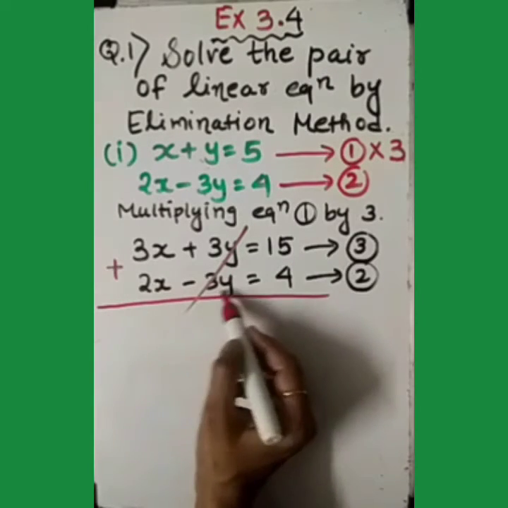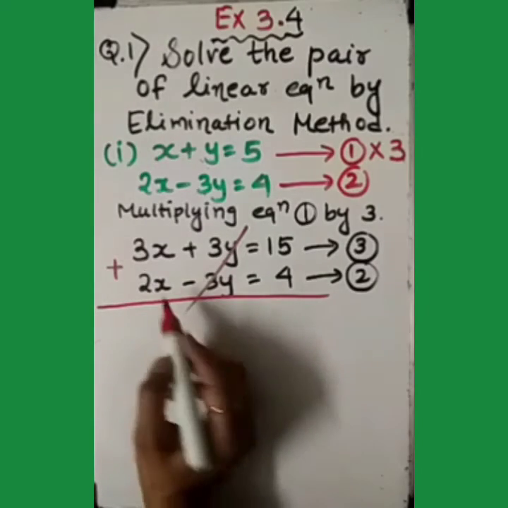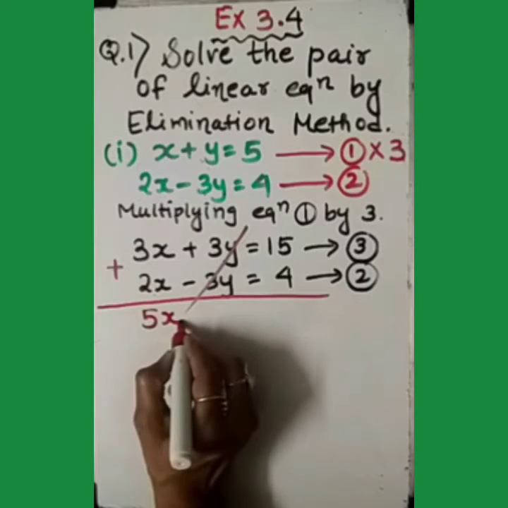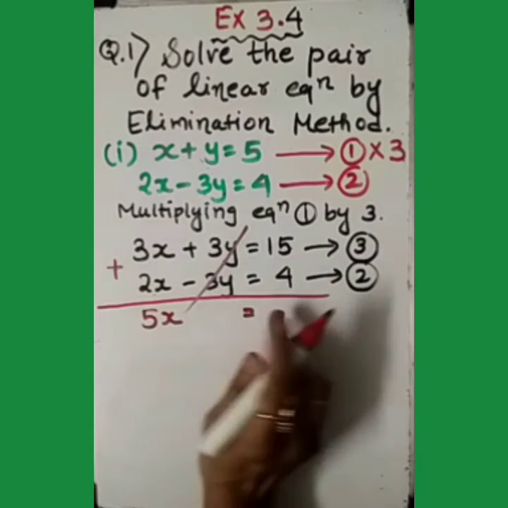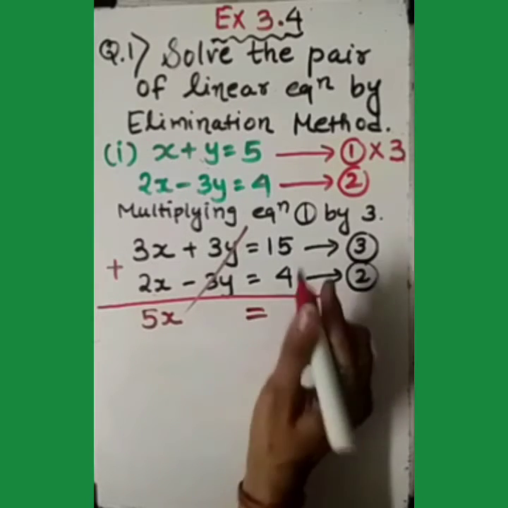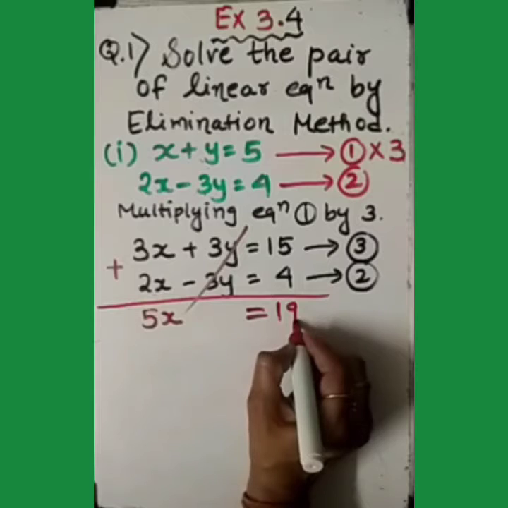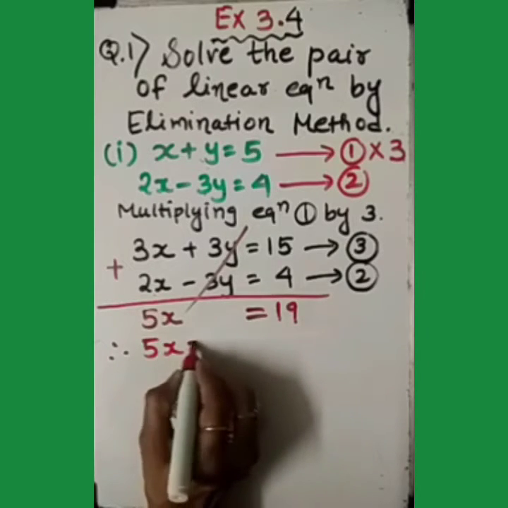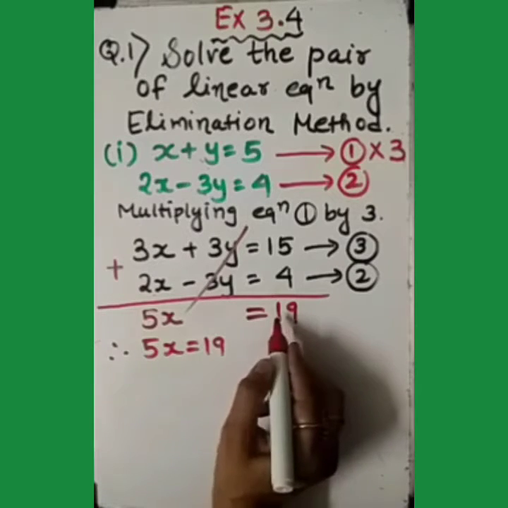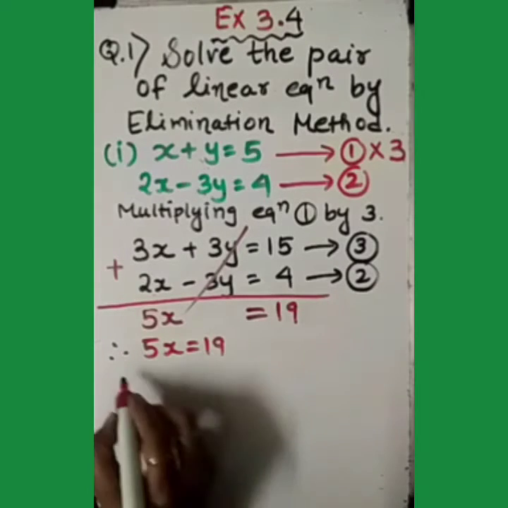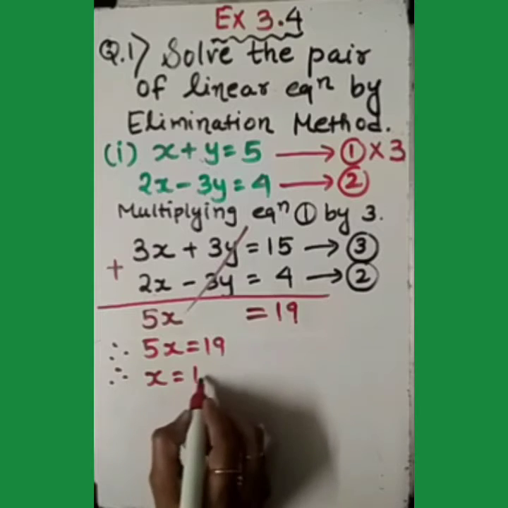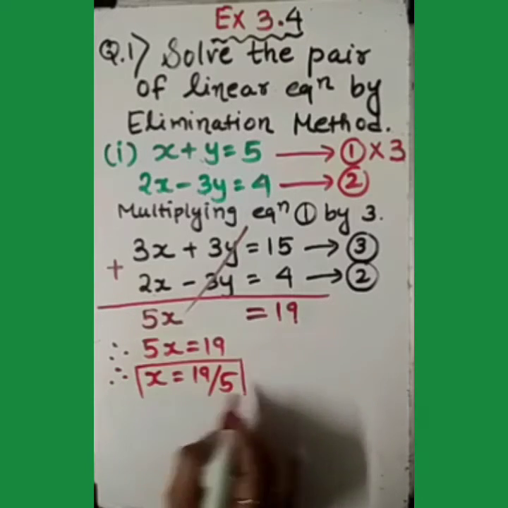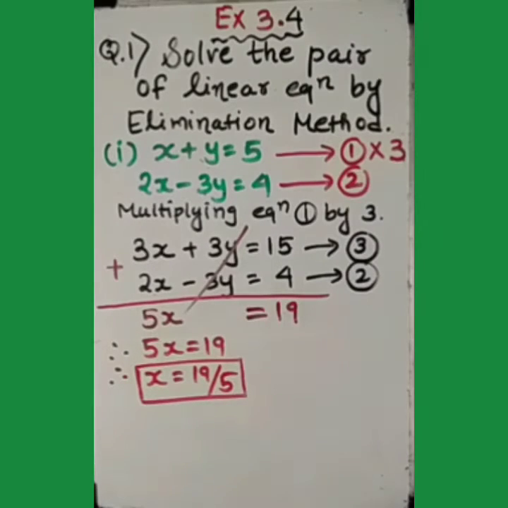Plus 3y minus 3y, opposite signs, cancel. 3x plus 2x gives the result 5x. 15 plus 4, equal sign, 15 plus 4 is 19. Therefore, next step we write 5x equal to 19. Therefore, x equal to 19 upon 5. So, let me keep this in a box.